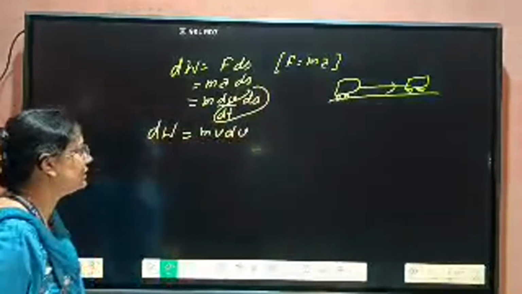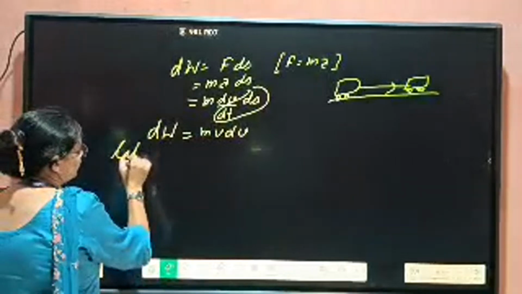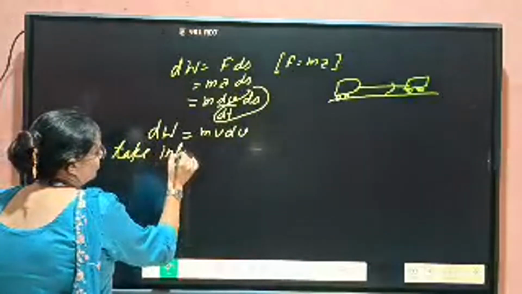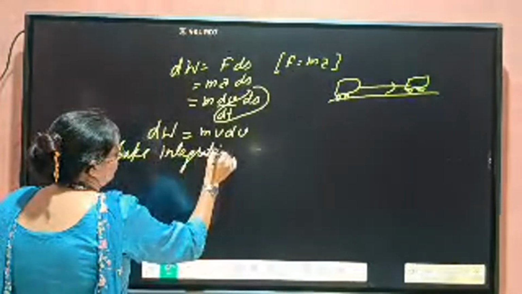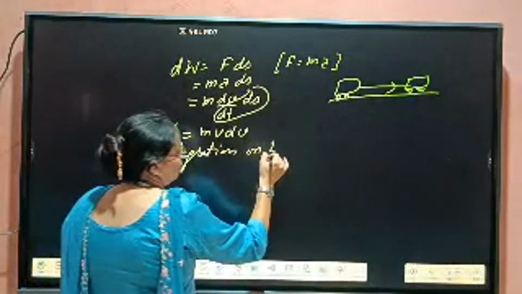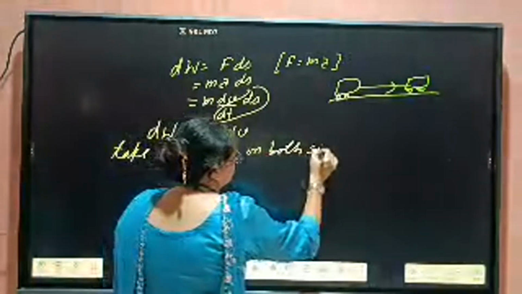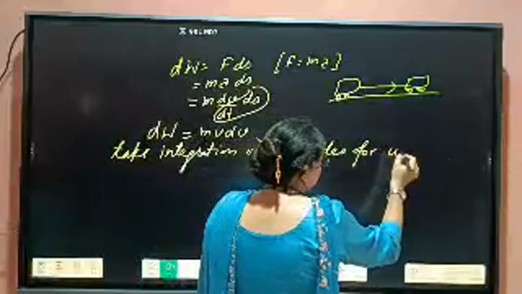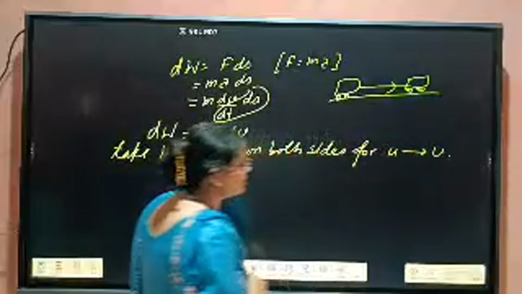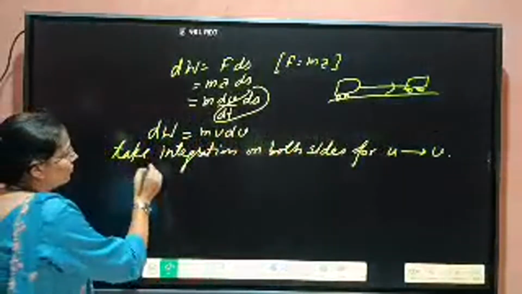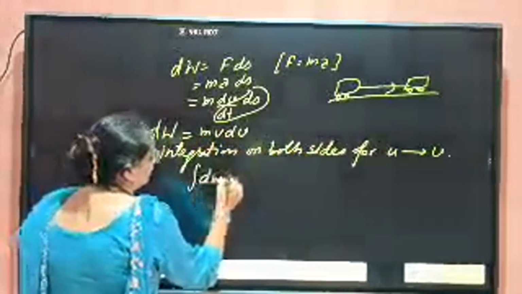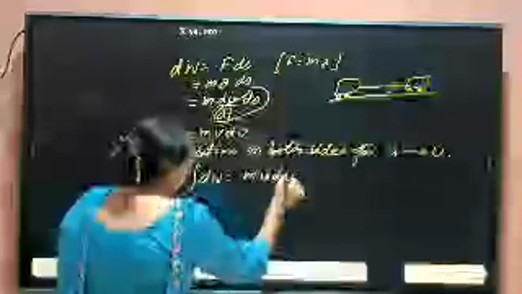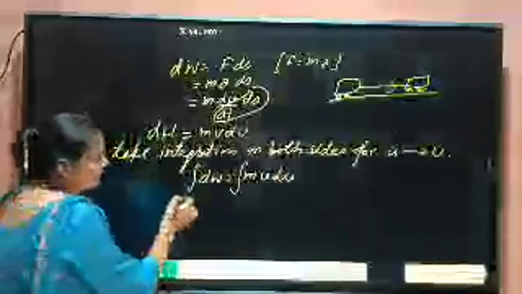For the total work done, we will take integration on both sides, for initial velocity u to final velocity v. So we take the integration of dw equals m v dv.